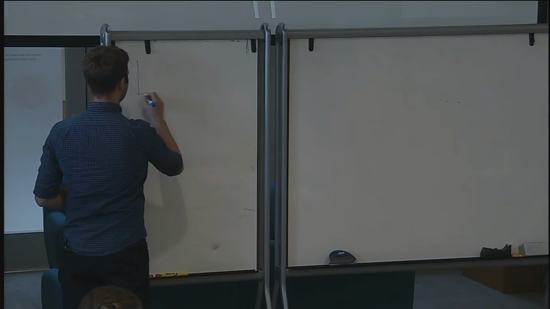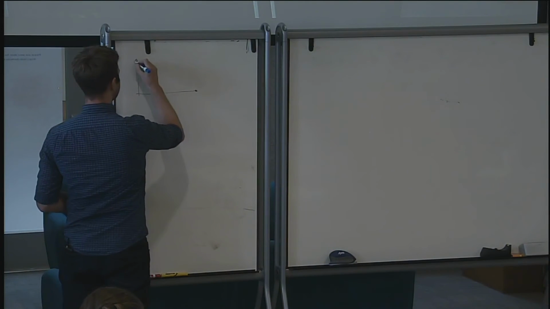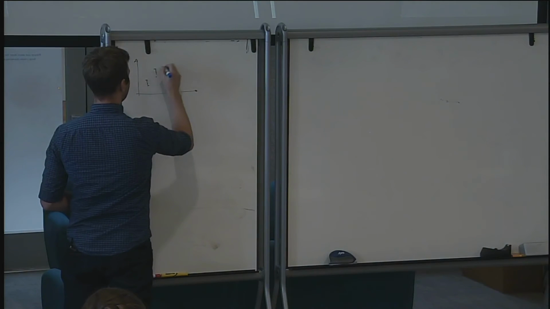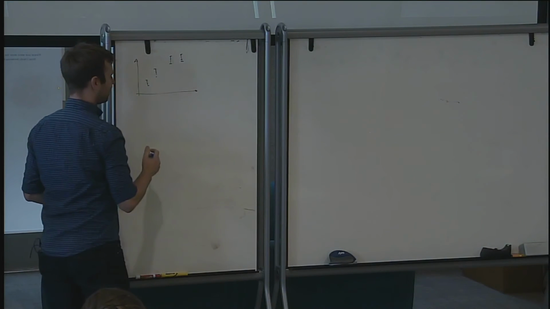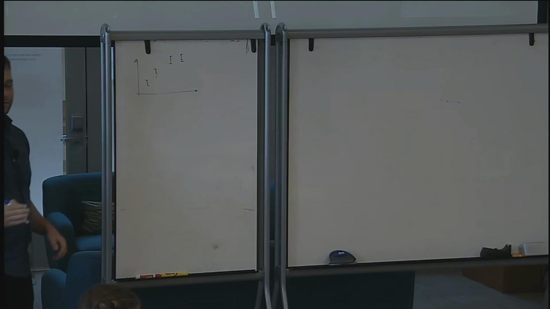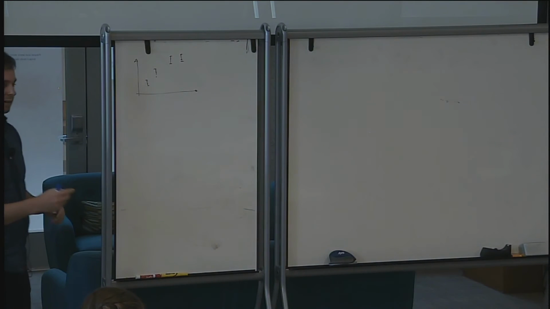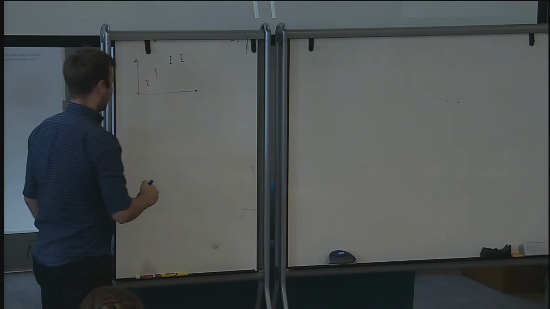So the basic story is that we're fitting a line to data, and we have some data points with their uncertainties. What we have to do is write down a likelihood function and a prior probability distribution. And we heard a lot about that yesterday.